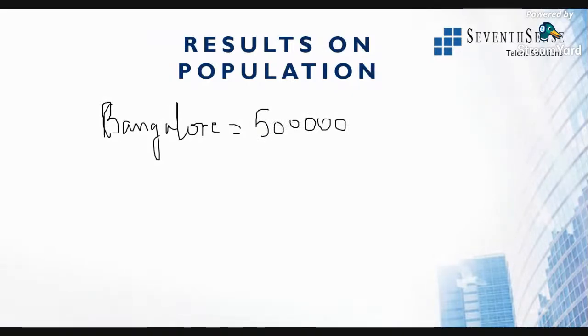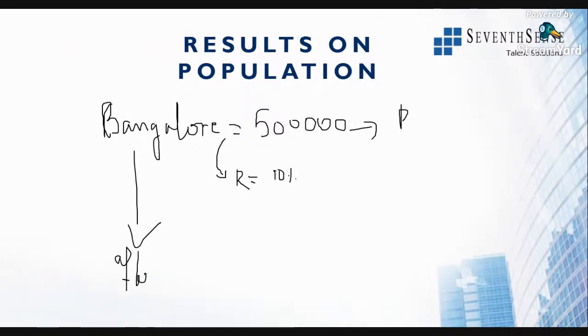I know it is not literally that, but I've just taken an example there. The population is 5 lakhs and it increases by R value, which is, let us assume, 10% every year. If it increases by 10% every year, what will be Bangalore's population after 5 years?